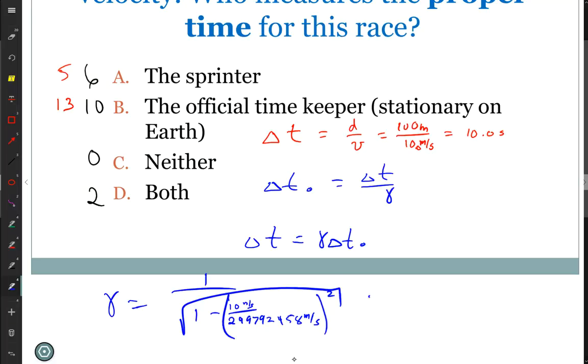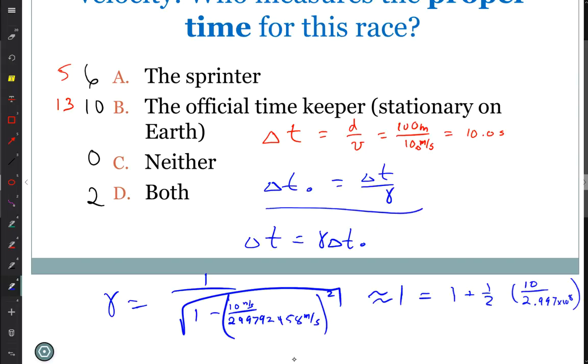So this number is approximately equal to 1. Now, we actually have a binomial expansion that says, in truth, it's equal to 1 plus 1/2 of 10 over 2.997 times 10 to the 8th, squared. So that's a really small difference between 1 and gamma.